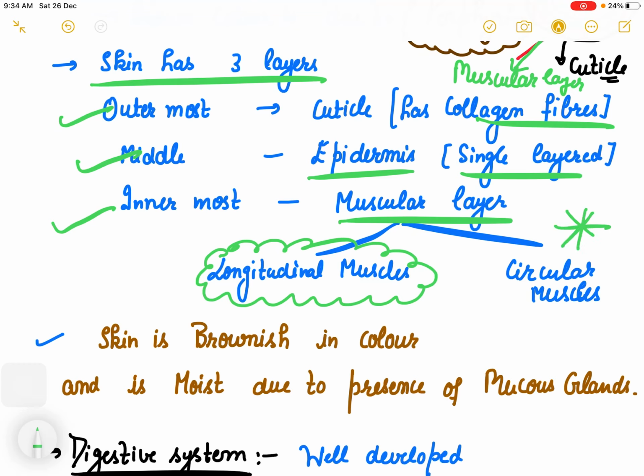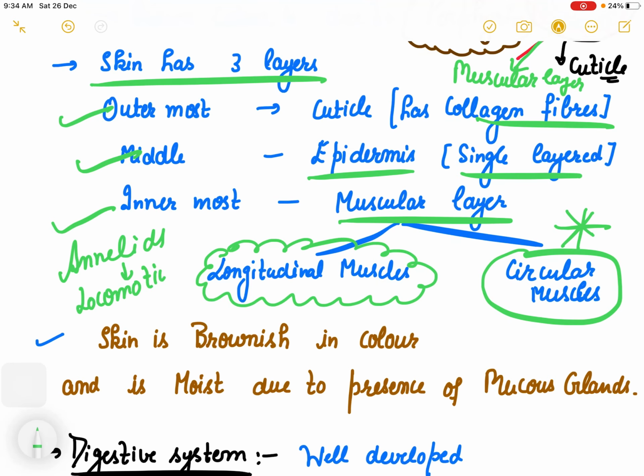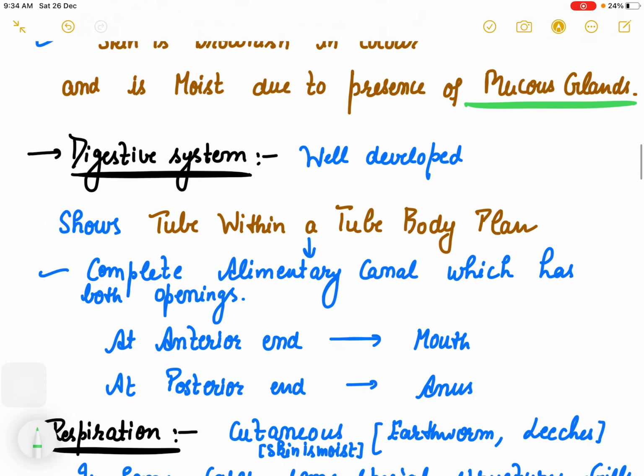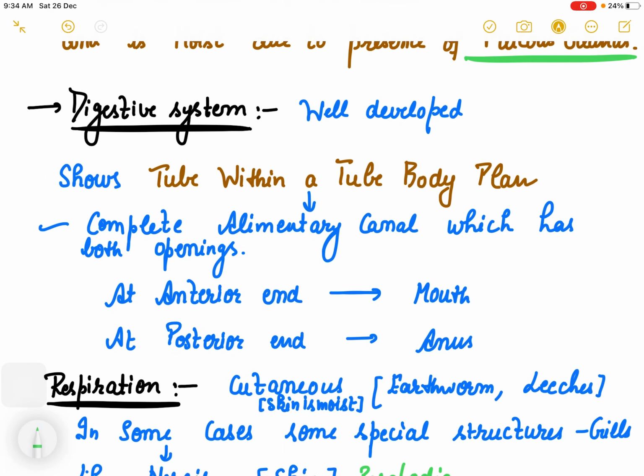No, we did not talk about circular muscles there, but here we are introducing both longitudinal and circular muscles, which help annelids in locomotion. Skin is very moist and brownish in color, and moist because of the presence of mucus glands which keep secreting mucus. They have very slippery skin. Okay, this was about the outer body wall.